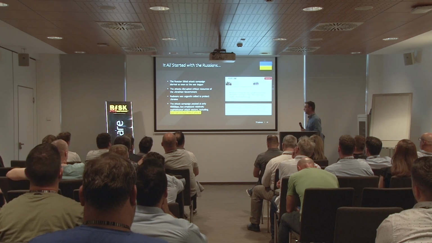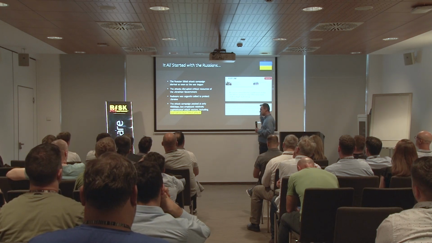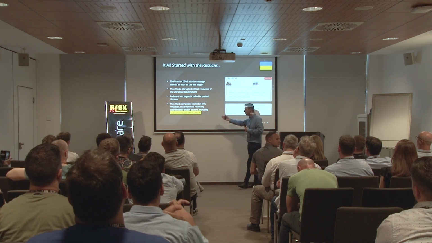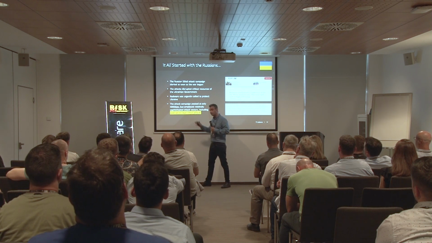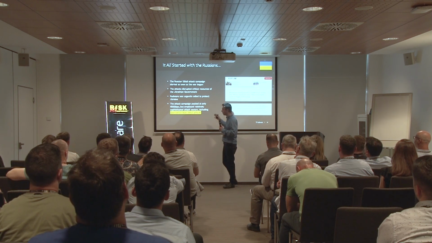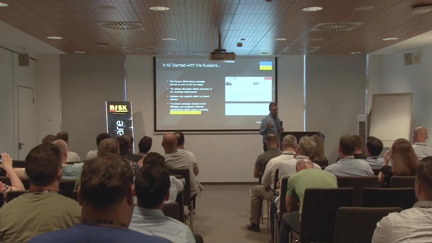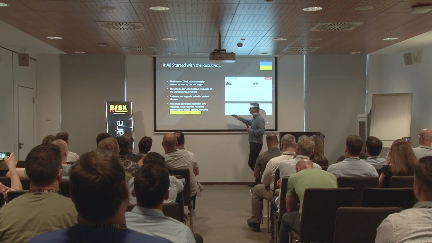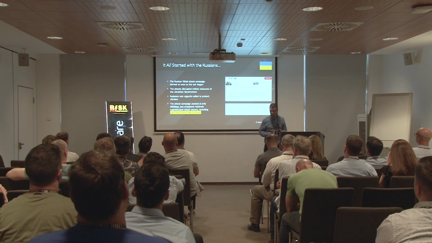So it all started with the Russians, right? We know that. And that happened last year. So the level of the attack, when it started, generated 400 gig of DDoS attacks, including application layer DDoS attacks. Okay? Ukraine government quickly approached Radware to protect the Ukraine government, and we have done that successfully so far.